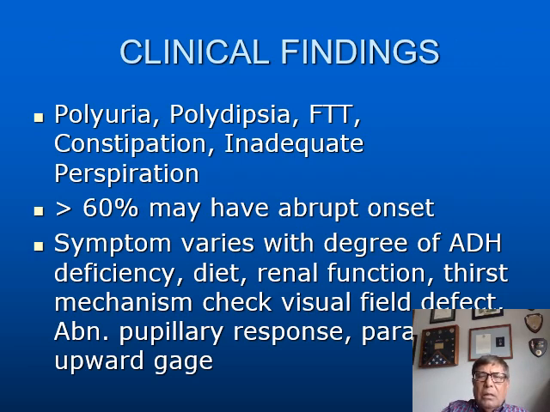What happens when somebody has diabetes insipidus in terms of symptomatology? Polyuria, polydipsia, failure to thrive, constipation, and inadequate perspiration are a really good clinical hallmark of ADH deficiency or diabetes insipidus.